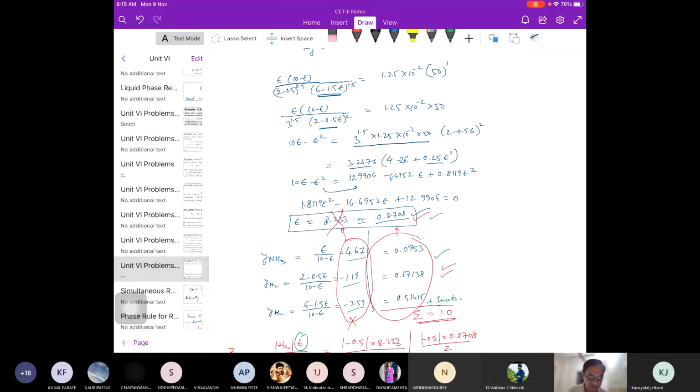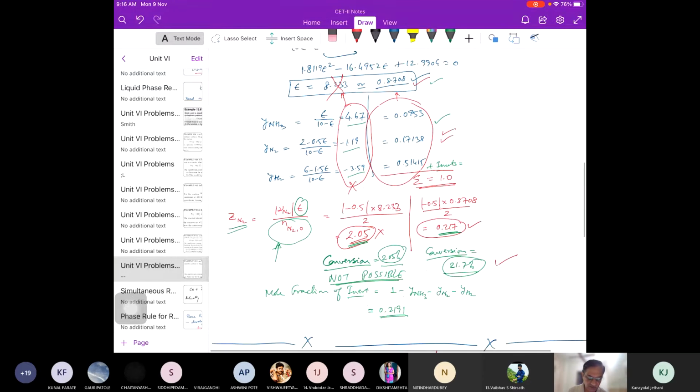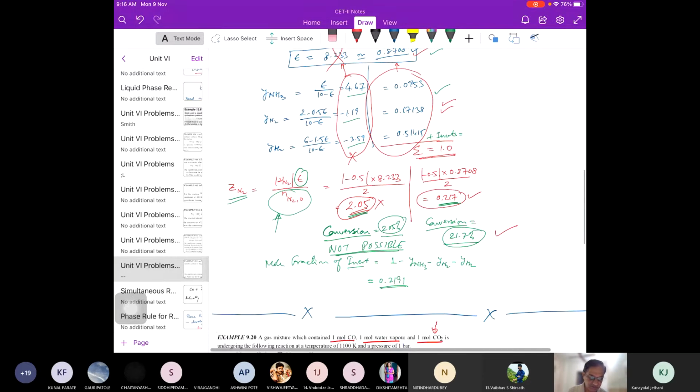In this case, when we took 10 moles as a feed, दो value of epsilon मिला. One was 8.23 and one was 0.87. With 8.23, you get 200% conversion, and with 0.87, you get 21% conversion.